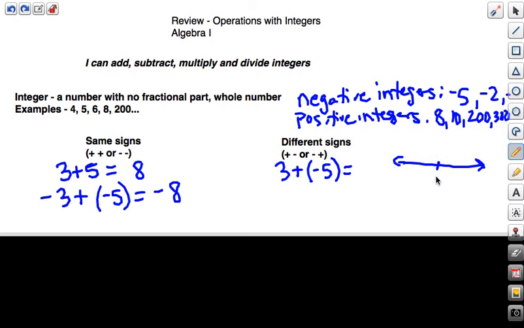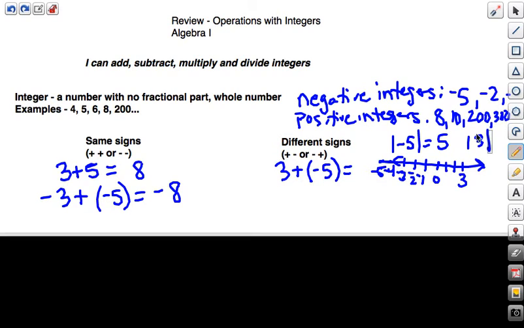If we look at a number line here, let's say this is 0 and this is 1, 2, 3, and this is -1, -2, -3, -4, kind of ran out of room, -5. So the absolute value of -5 equals 5, and the absolute value of 3 is 3.